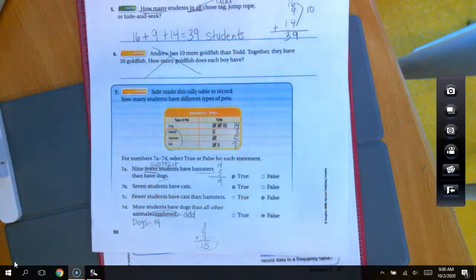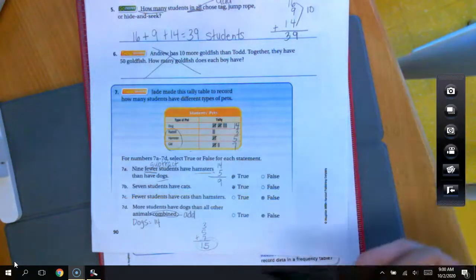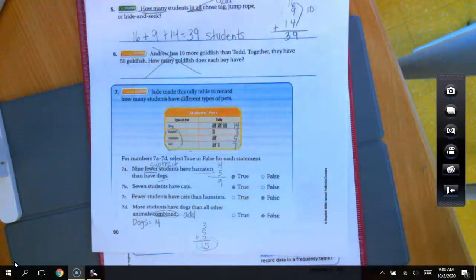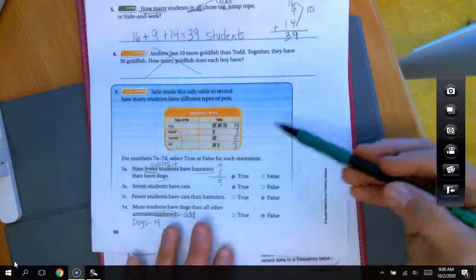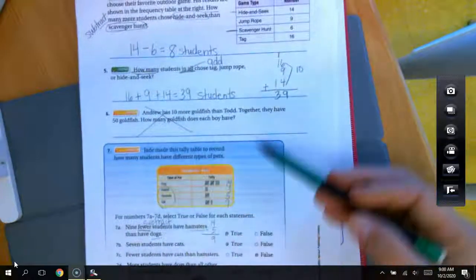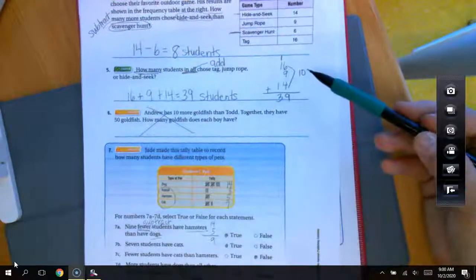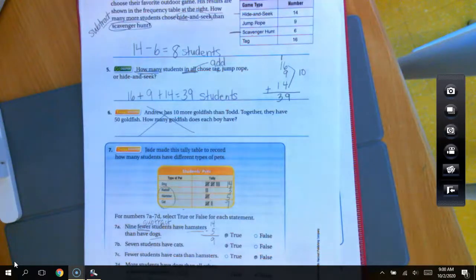There's one more thing that I want to talk about that they actually did not talk about in this lesson today. Sometimes throughout this chapter, you might have the question, how many students or how many people were surveyed? Boys and girls, when we have charts like the tally table and the frequency table, people are surveyed, people are asked. That's how we get information.